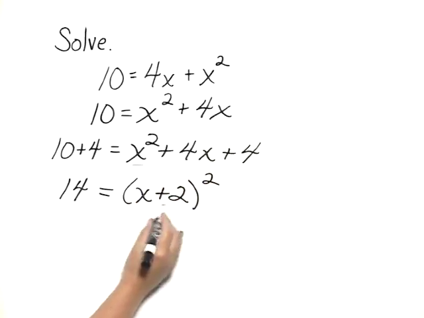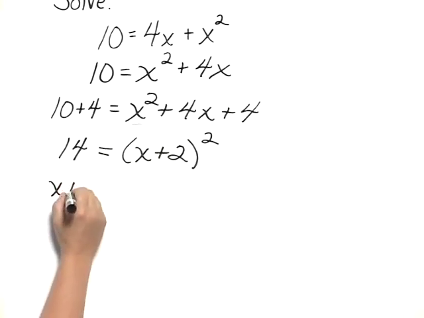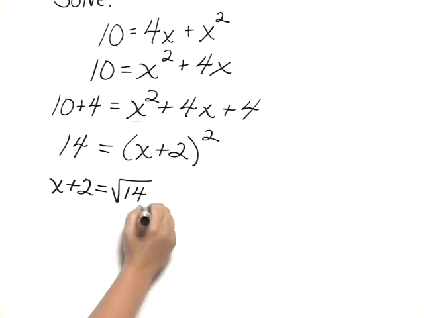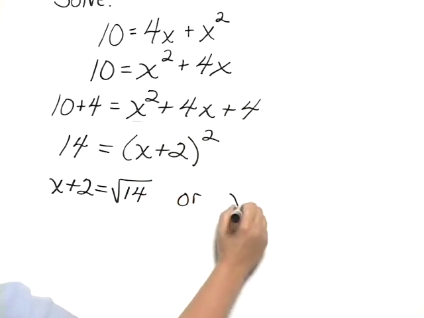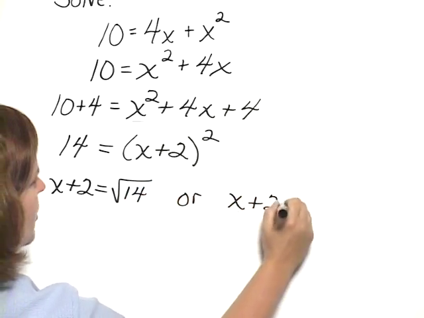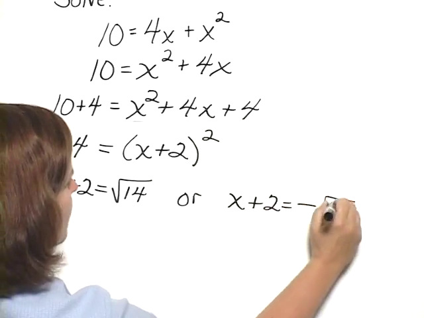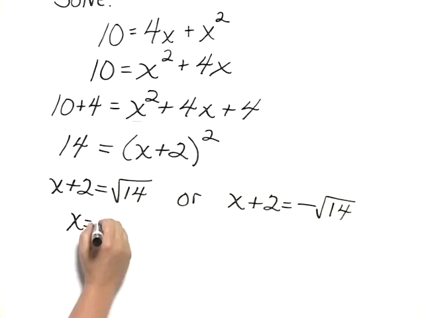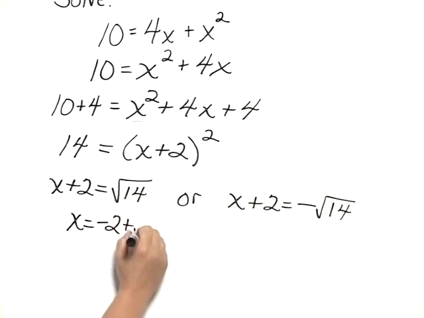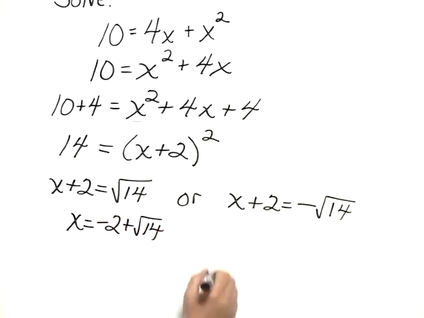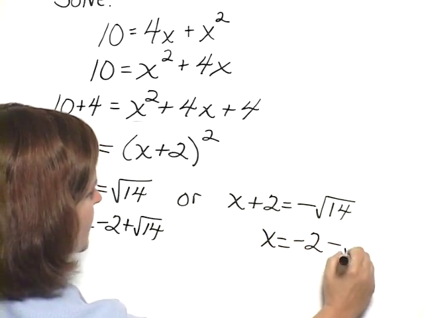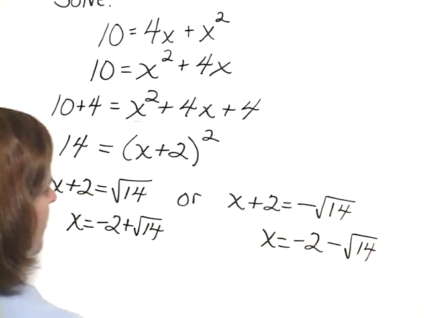Using the principle of square roots then, I have x plus 2 equals the square root of 14, or x plus 2 equals negative square root of 14. Solving for x, I have x equals negative 2 plus the square root of 14, or x equals negative 2 minus the square root of 14.